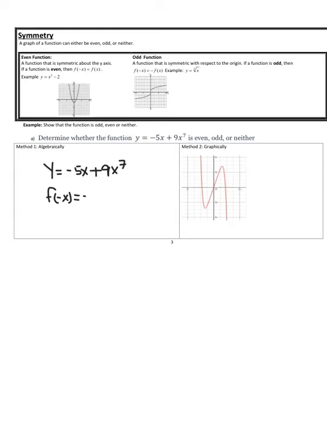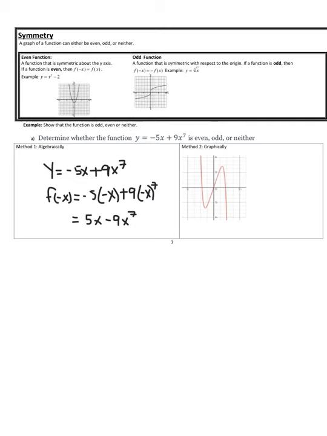So this becomes negative 5 times negative x plus 9 times negative x to the power 7. And this becomes 5x minus 9x to the power 7, because when I raise negative x to an odd power, it stays negative.